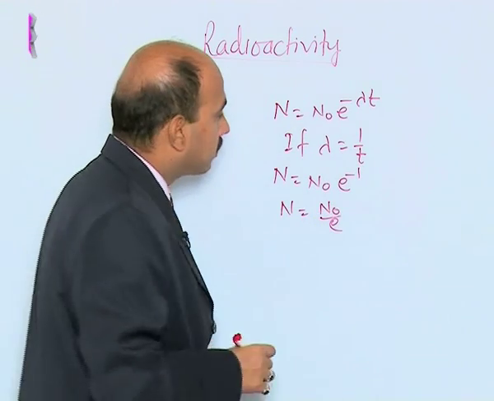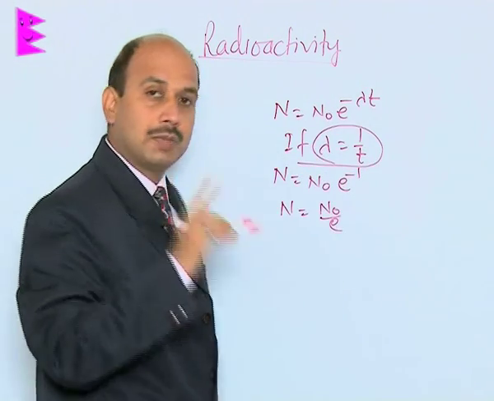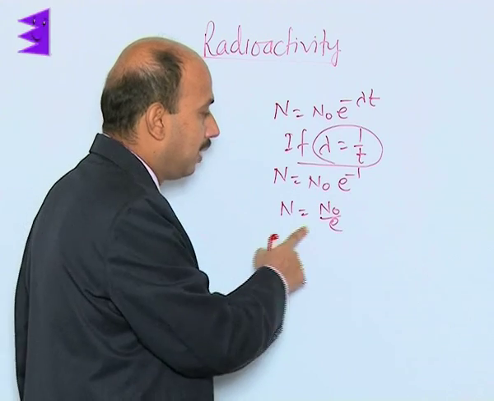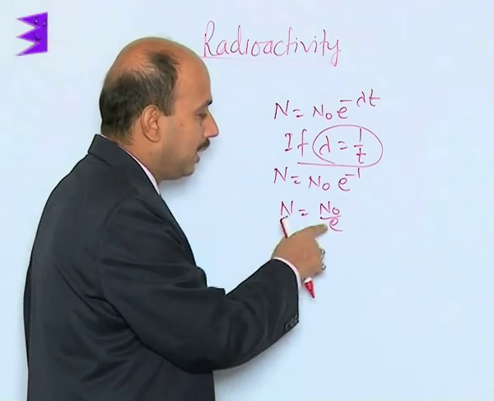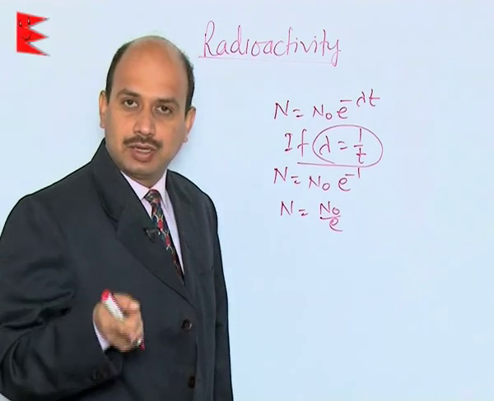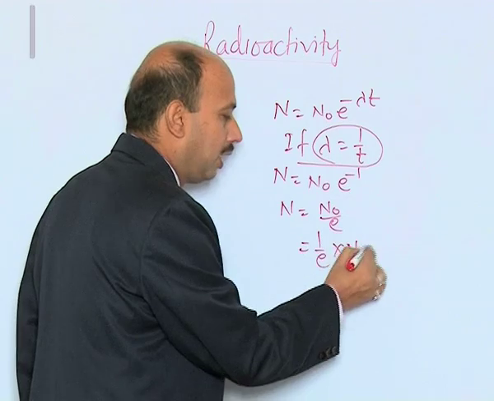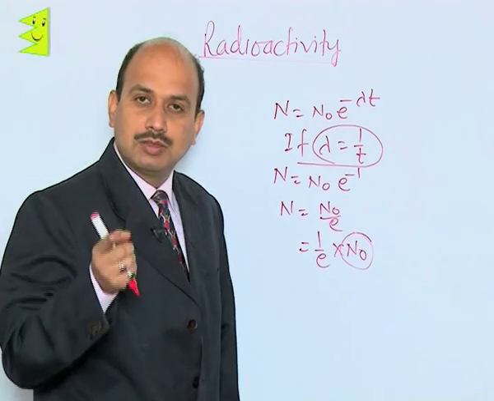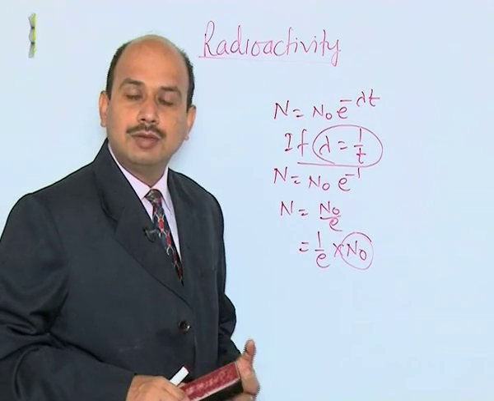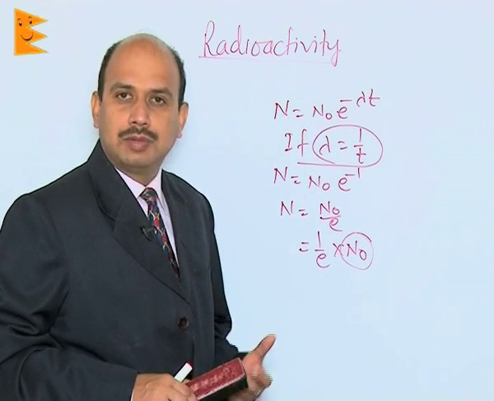So the radioactive decay constant is the reciprocal of the time at the end of which the number of atoms left undecayed is 1 upon e times the number of atoms present in the sample initially. N naught is the number of atoms present in the sample initially. So this is the definition of the radioactive decay constant. Different materials have different radioactive decay constants.